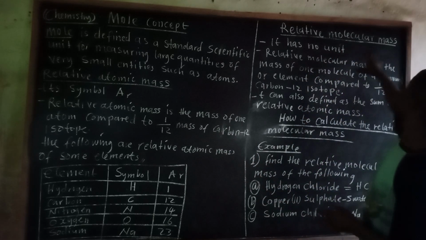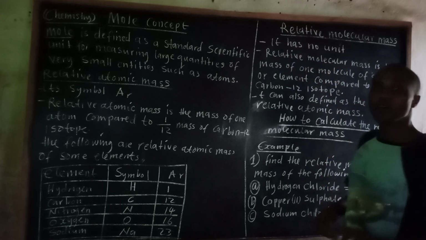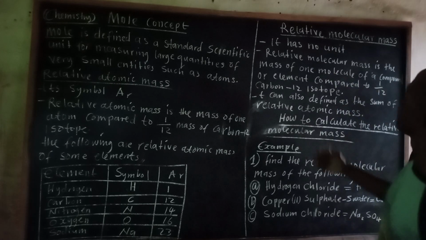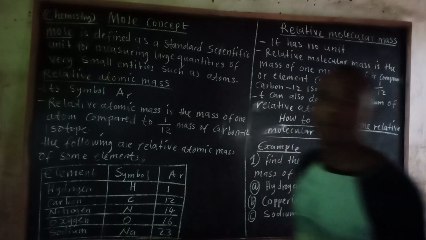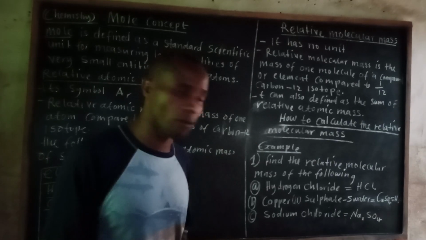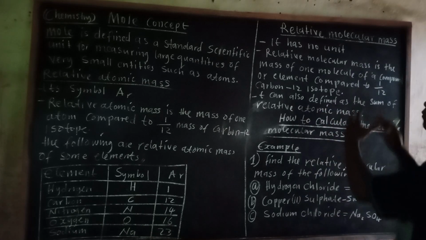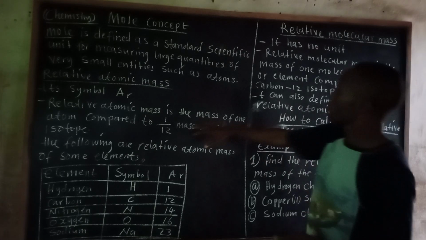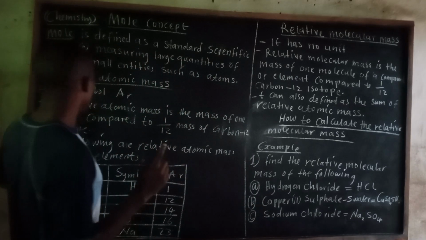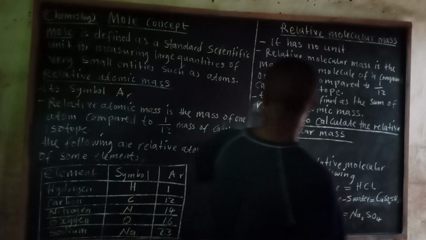Then we come to relative molecular mass. Relative molecular mass also has no unit. The relative molecular mass is the mass of one molecule of a compound or element compared to 1/12 the mass of carbon 12 isotope. So you have seen the difference. For relative atomic mass, we are saying it is the mass of one atom of an element compared to 1/12 mass of carbon 12.